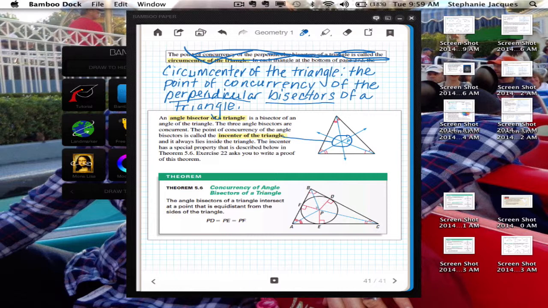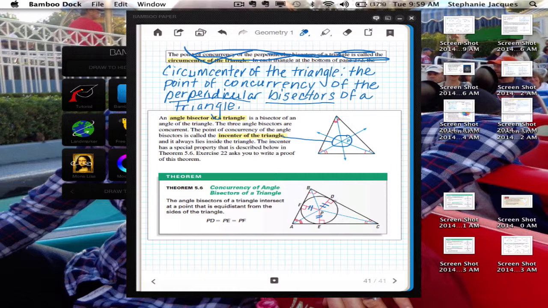So all of these lines connected to form an incenter there. So you have PD, PE, and PF. And those are all equidistant from the sides of the triangle. So you have this one, and this one, and they're all equidistant from there.